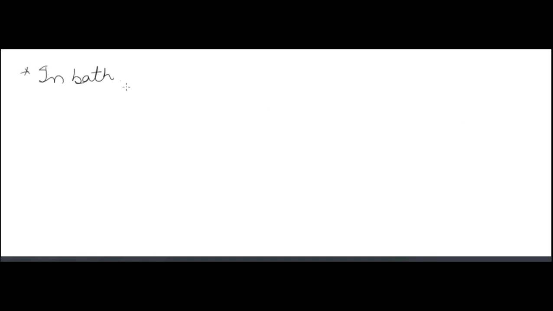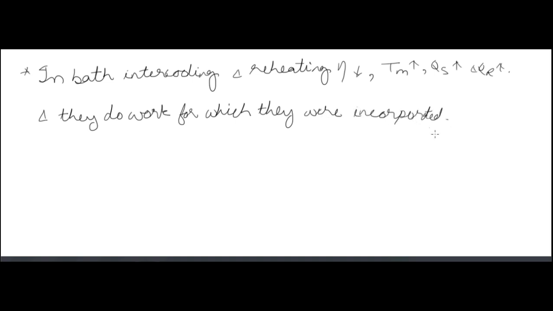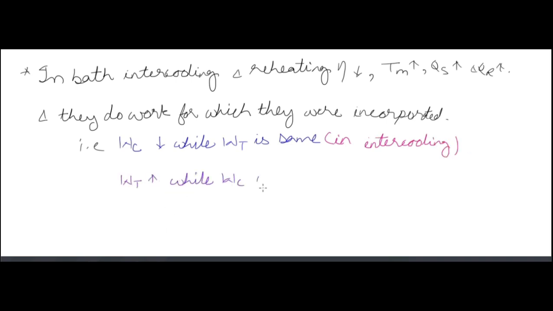In both intercooling and reheating, efficiency decreases, mean temperature of heat addition or rejection increases, both heat supplied and heat rejection increase, and they do the work for which they had been installed. Work done in the compressor increases while work done in the turbine is the same for intercooling, and work done of the turbine increases while the work done by the compressor is the same in reheating.